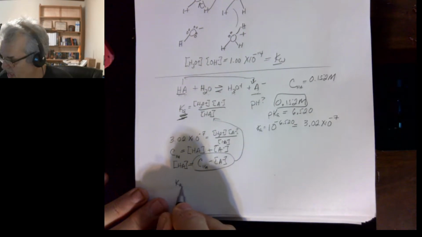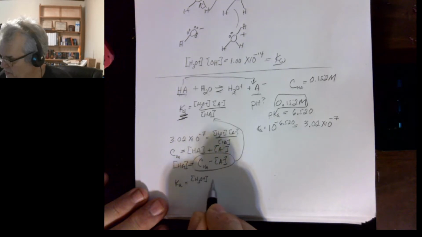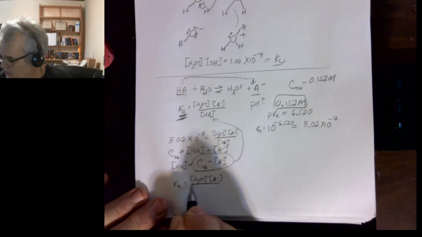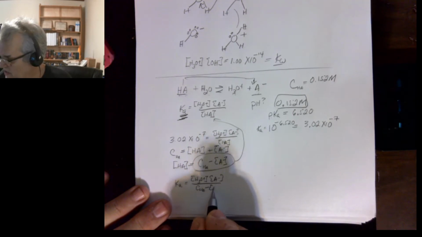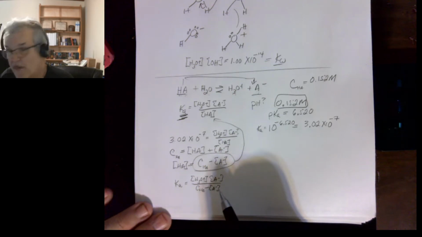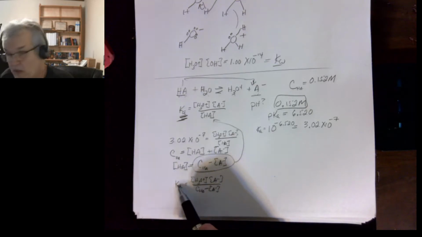Now I have Ka equals H3O plus times A minus all over top of CHA, which I know, minus A minus. Now I've only got 2 unknowns. I've got the hydronium ion concentration and the A minus concentration. I know what this is and I know what this is.